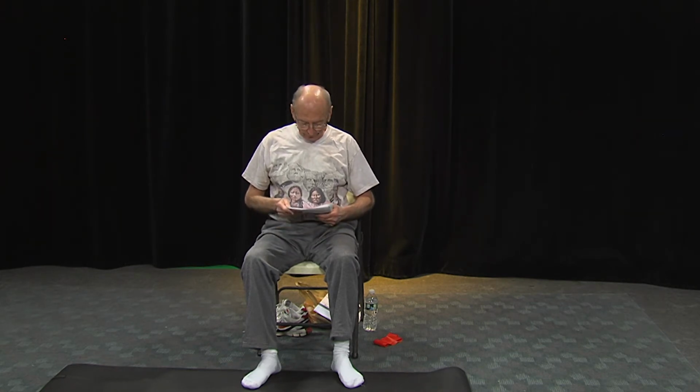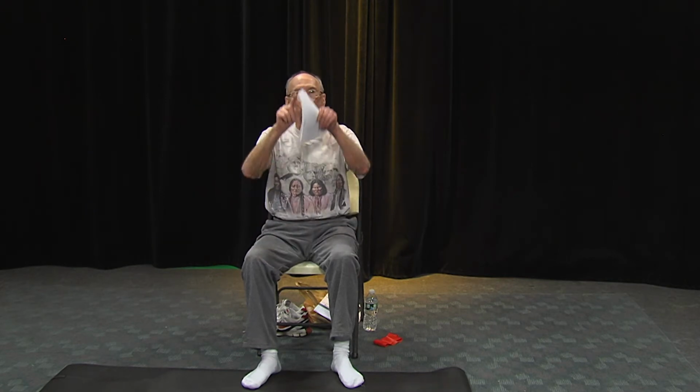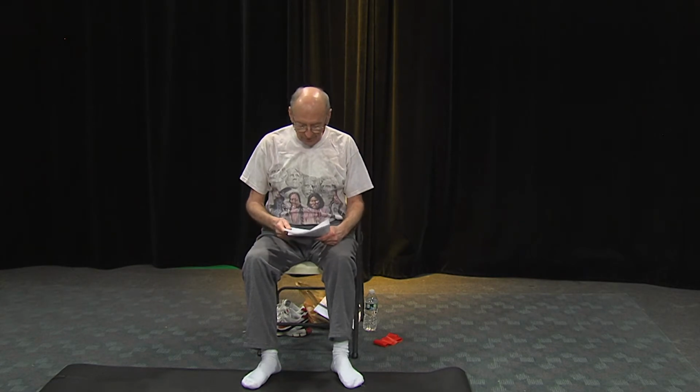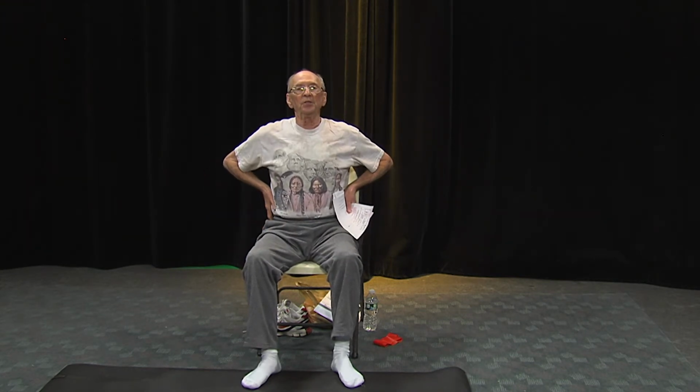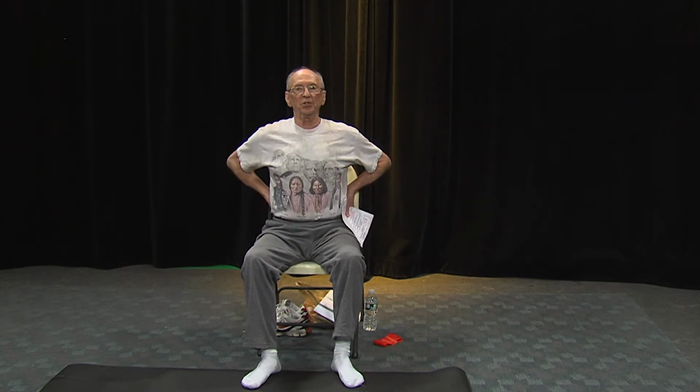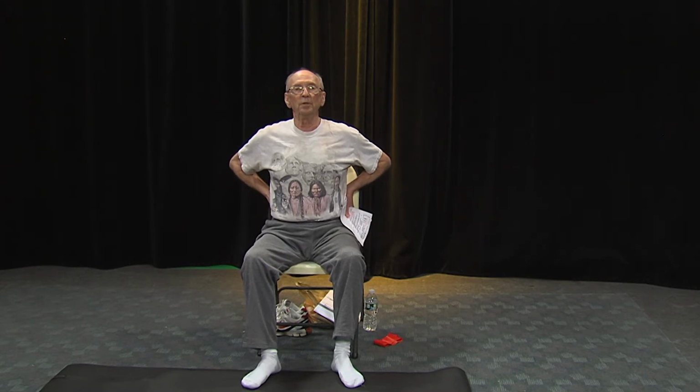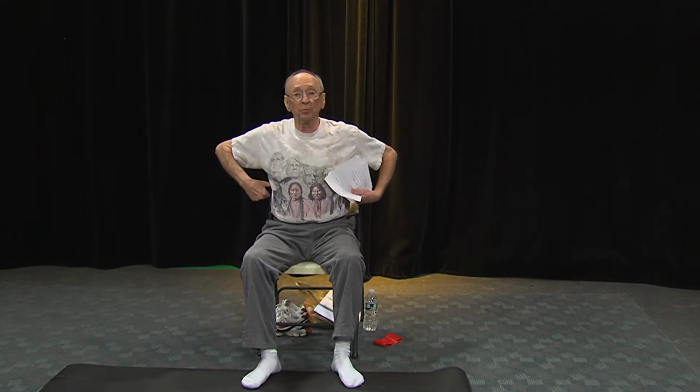Now, what about that quadratus lumborum? What does that do? That's also a stabilizer. And it gets the name because quadratus is a square, and lumborum basically just refers to the loin. So it's a square loin, basically. It's a big muscle, and on both sides, and it stabilizes the side and back of the lower abdomen because they come from the ribs all the way down to the pelvis.